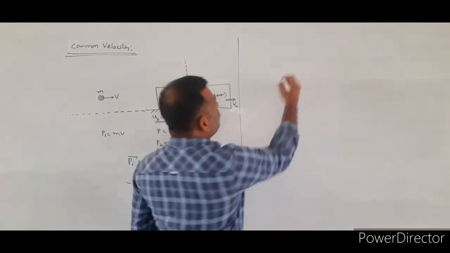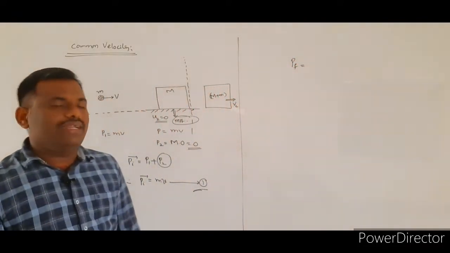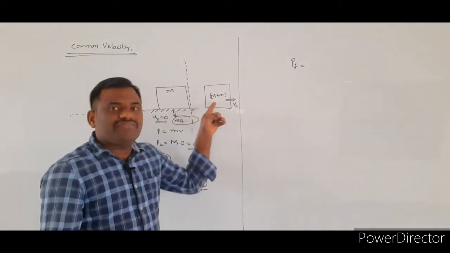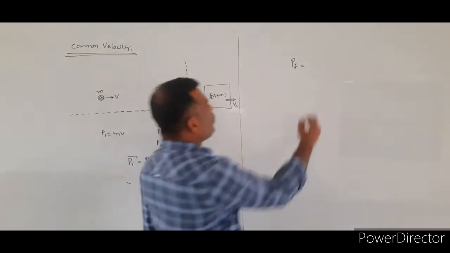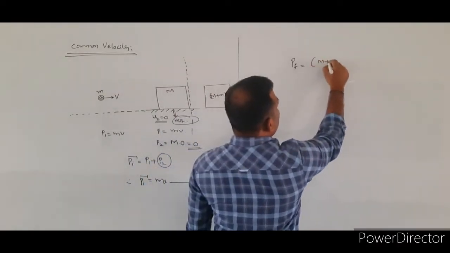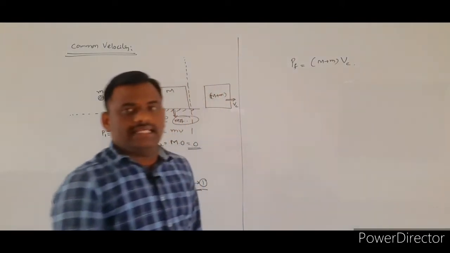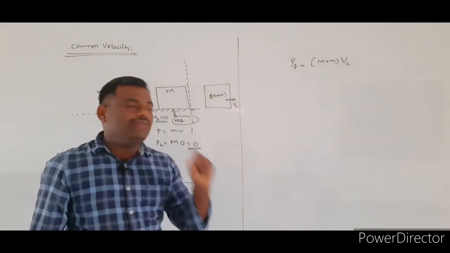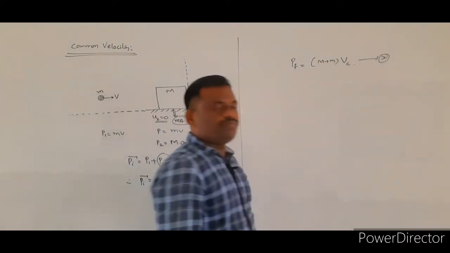So I have to calculate the final momentum of the system. In the final momentum of the system, what is the total mass present here? M plus m. And what is the velocity of the system? V suffix c. That is, both are moving with the common velocity. Let it be equation number 2.